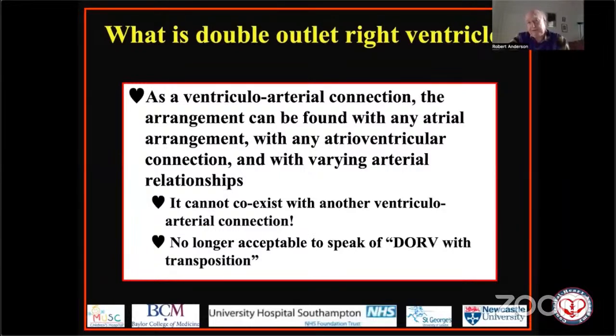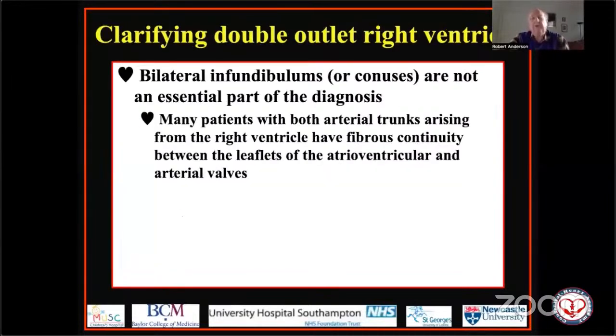Transposition is itself a different ventriculo-arterial connection. You all know it is a discordant one. And we're going to be posing the question, what is transposition, in our next session. But let's continue today with looking at double outlet right ventricle.